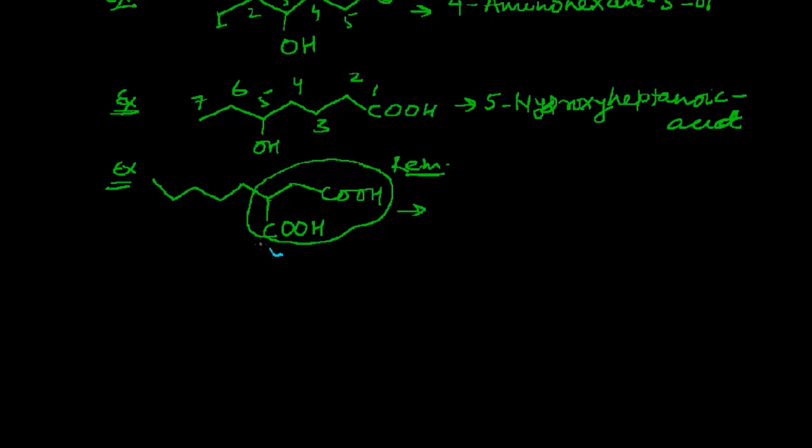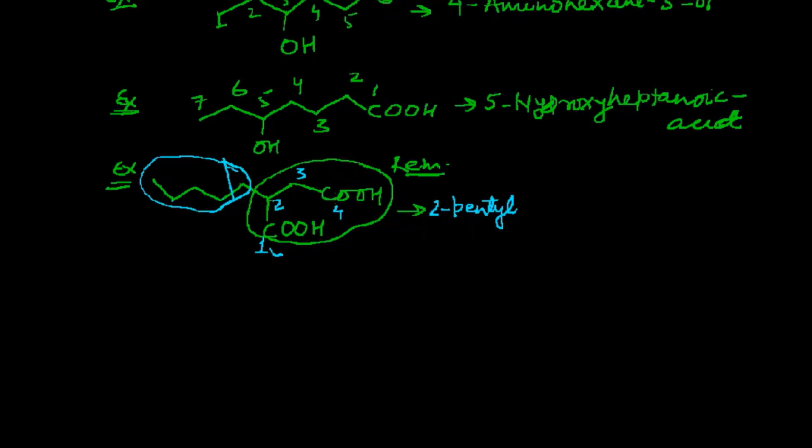So this is 1, this is 2, this is 3, this is 4, and thus we can say its naming would be: at the second position, what is the substituent? The substituent is this one, 1 carbon, 2nd, 3rd, 4th, and 5th, so we can say 2-pentyl. Now how many COOH?